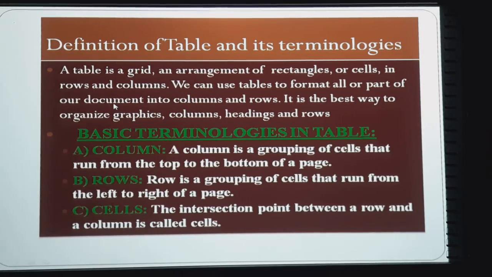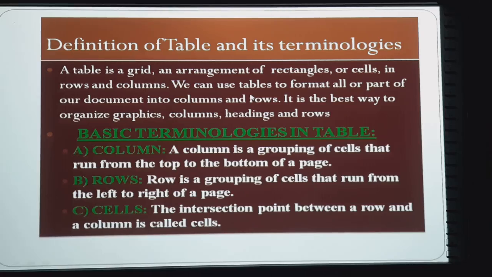Whenever we make an arrangement of rectangles in rows and columns, that will be considered as a grid. So a table is a form of grid. We can use tables to format all or part of our document into columns or rows.